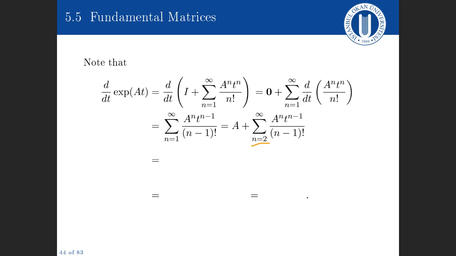Let's do a substitution because I don't want a series which starts at 2, I want a series which starts at 1. So I'm going to do the substitution k is equal to n minus 1. So then it's A plus the series, A to the power k plus 1, t to the power k divided by k factorial.